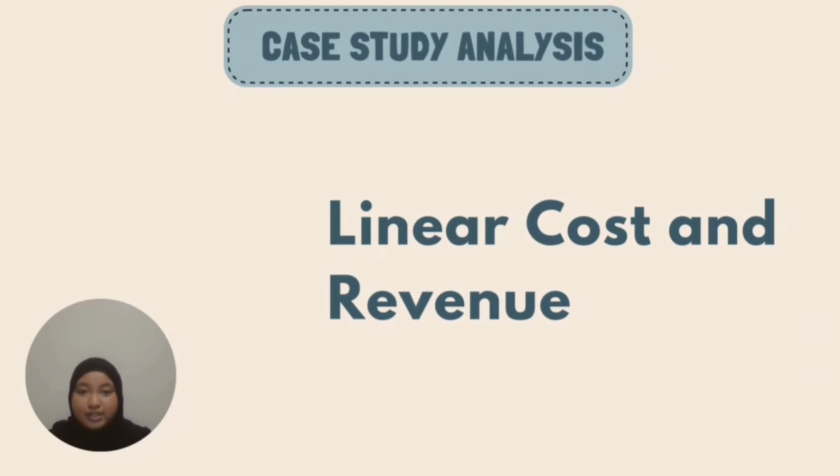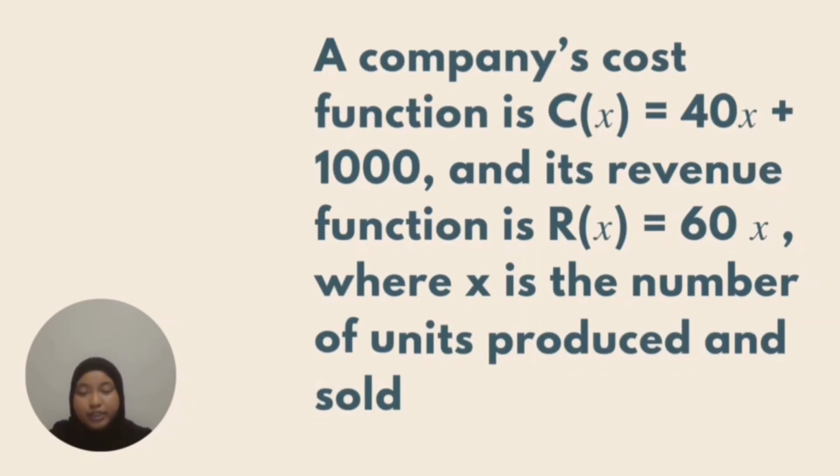Next, we move to the case study analysis, which is the topic of linear cost and revenue. The question is, a company's cost function equals 40x plus 1000, and its revenue function equals 60x, where x is the number of units produced and sold.